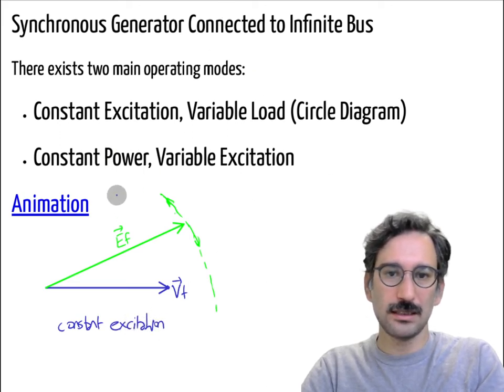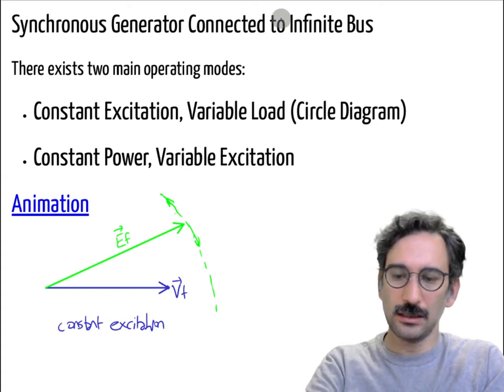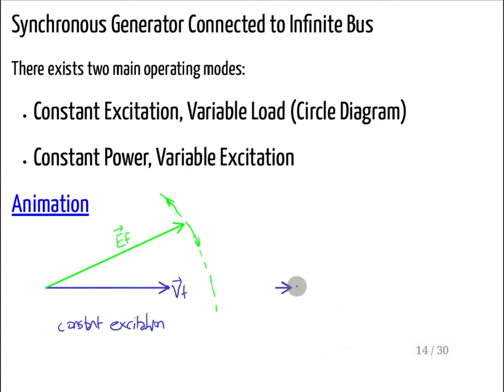Or in the constant power mode, again the VT is fixed. Now the magnitude of EF is not constant, but the power is constant. So for example, if you have a hydroelectric power plant, that means the real power, the mechanical power coming to the hydroelectric power plant, is constant.